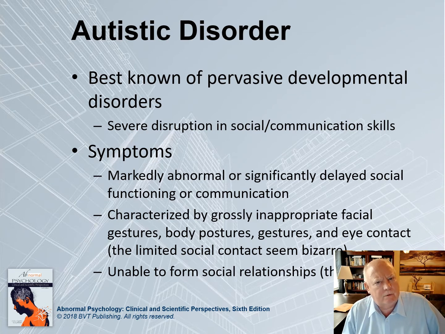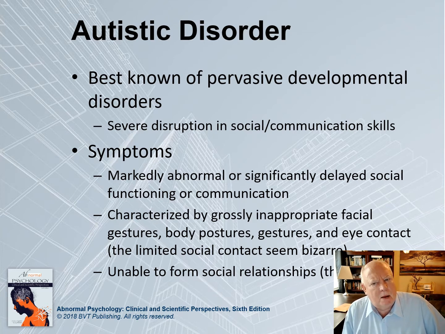We have relatively little research where we have looked across the entire spectrum. Autistic disorder, very severe. It is, however, the best known of all the pervasive developmental disorders, even though it is probably one of the rarest of the pervasive developmental disorders.